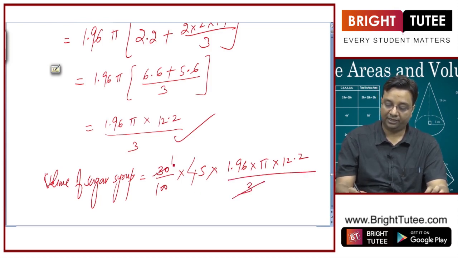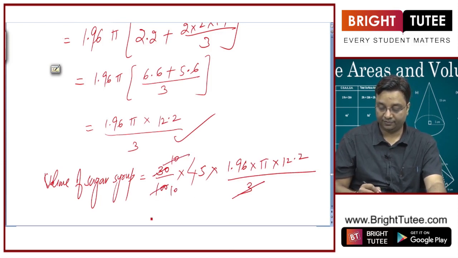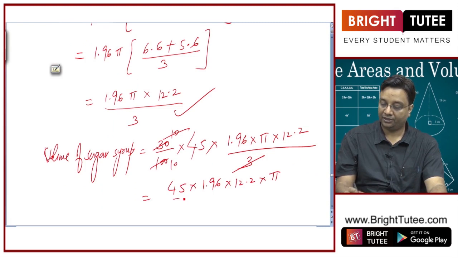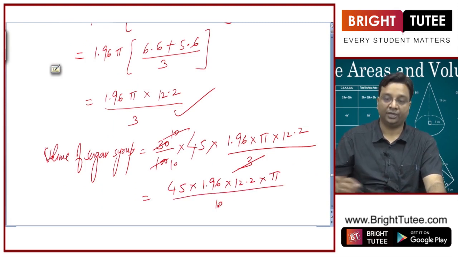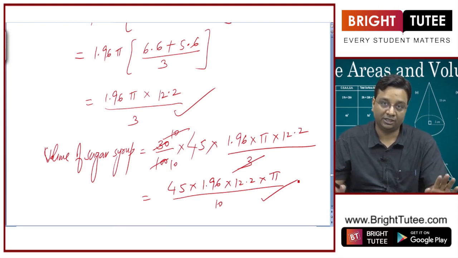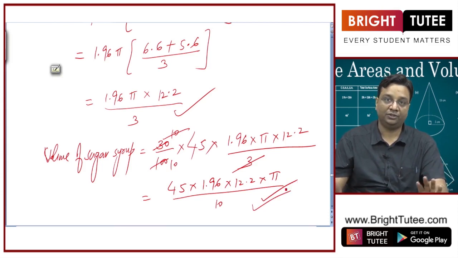So this will give you 10 here, this will give you 10. Now only the calculation part is left, divided by 10. I leave this calculation part to you. I hope you can do this calculation yourself, and this will be the volume of the sugar syrup.